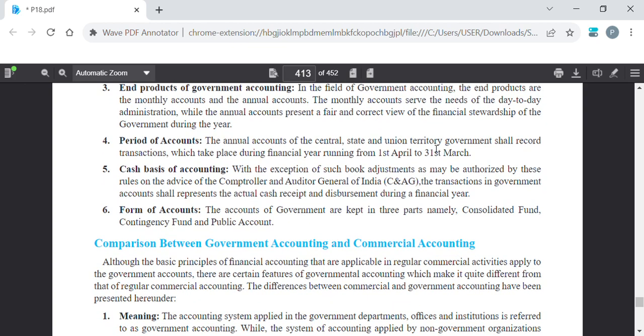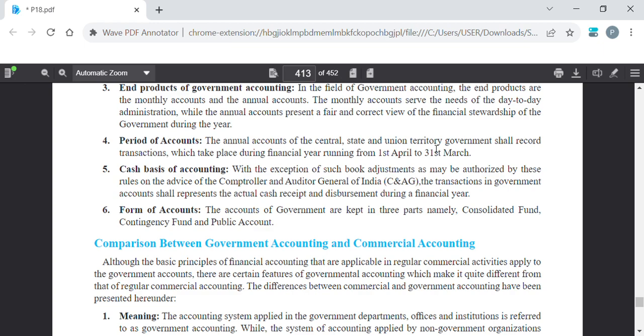Cash basis of accounts: with the exception of such book adjustments as may be authorized by these rules on the advice of the Comptroller and Auditor General of India, transactions in government accounts shall represent actual cash receipts and disbursements during a financial year. So it is a cash basis of accounting.